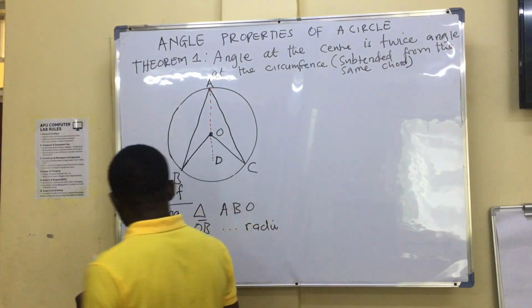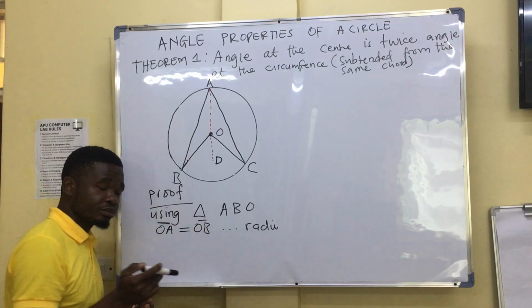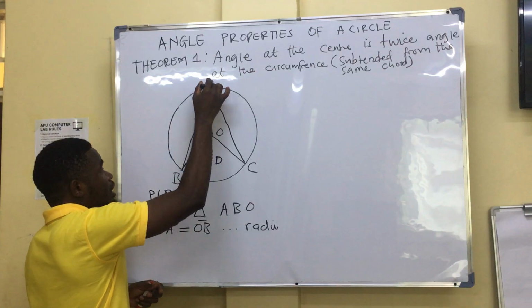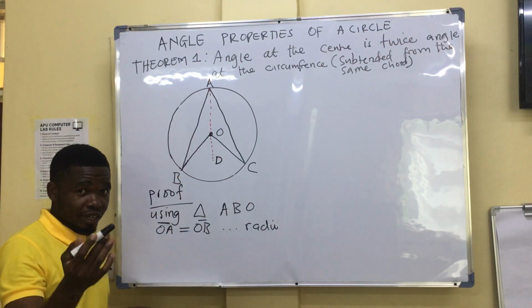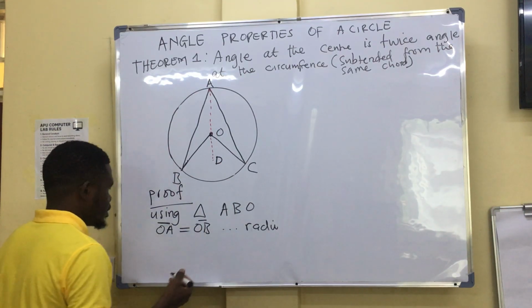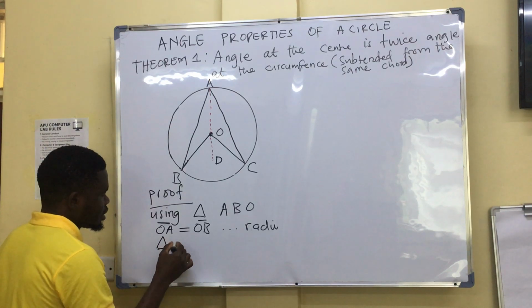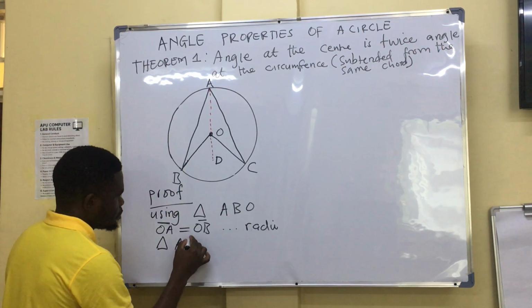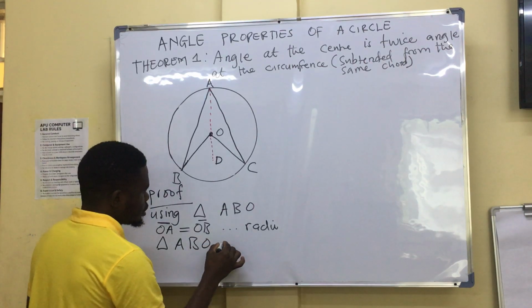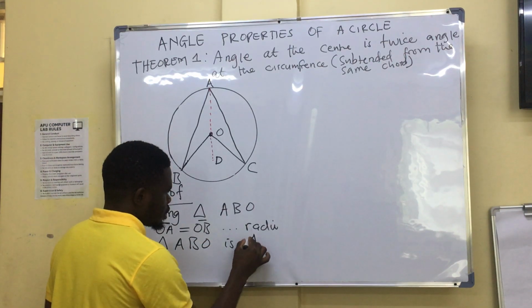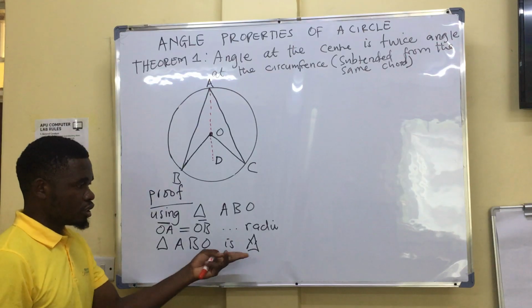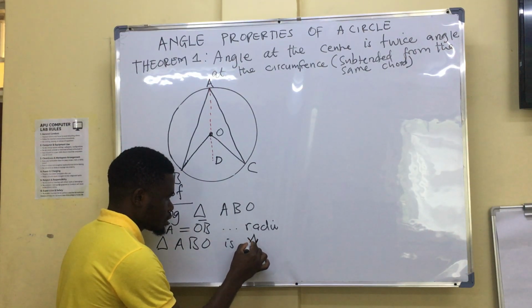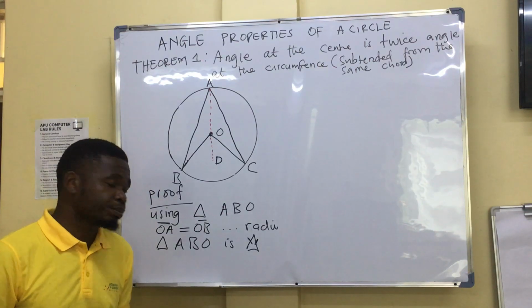Meaning that triangle A, B, O is an isosceles triangle. This symbol means isosceles triangle, a triangle with this ring.